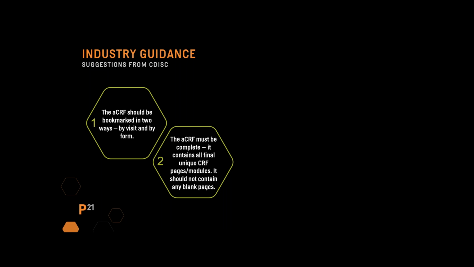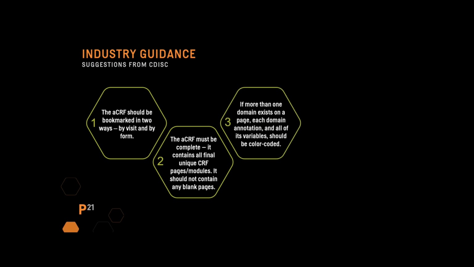So if there's something that's not submitted, if the only thing on a CRF is not submitted, it should say not submitted and you shouldn't have anything that's blank. The third criteria, if more than one domain exists on a page, each domain, annotation, and its variable should be color-coded.